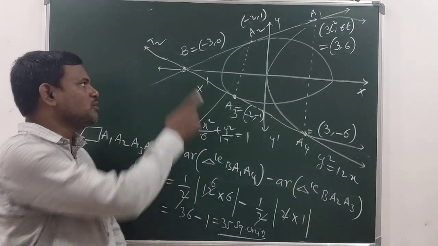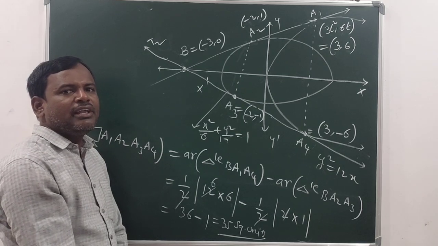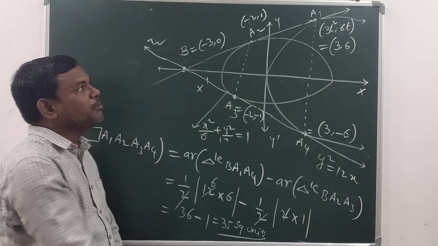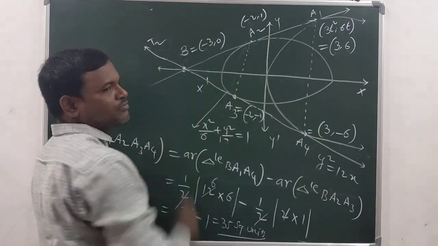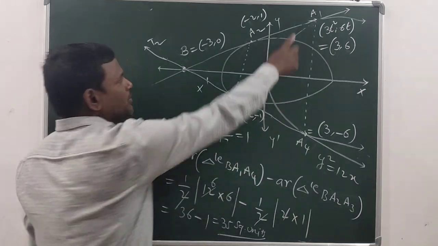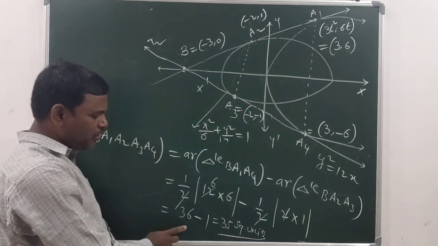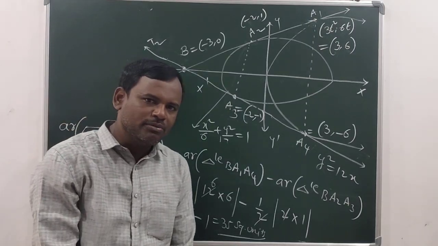This is the answer to the first question. And second question, area of a quadrilateral formed by the point of contacts of these tangents with parabola and ellipse A1, A2, A3, A4, whose area you got as 35 square units. Thank you one and all.